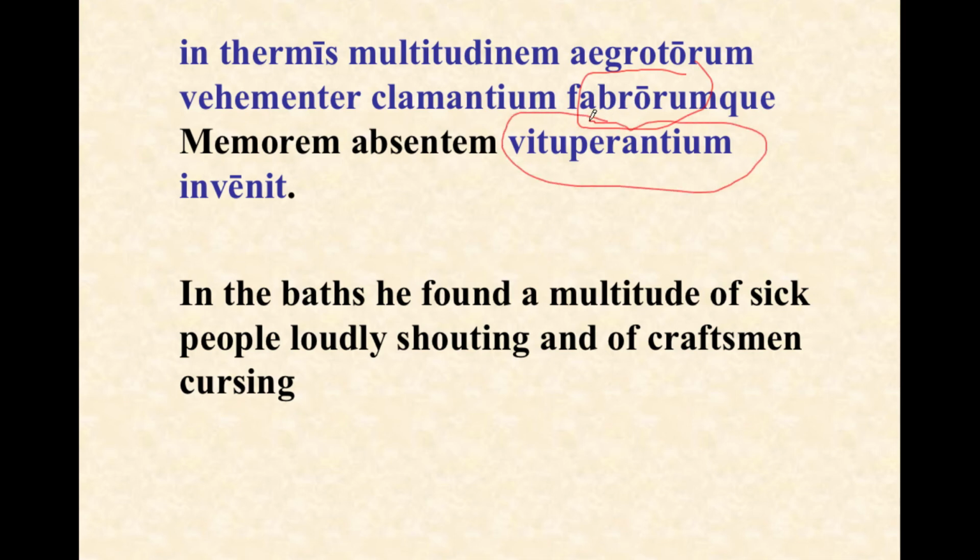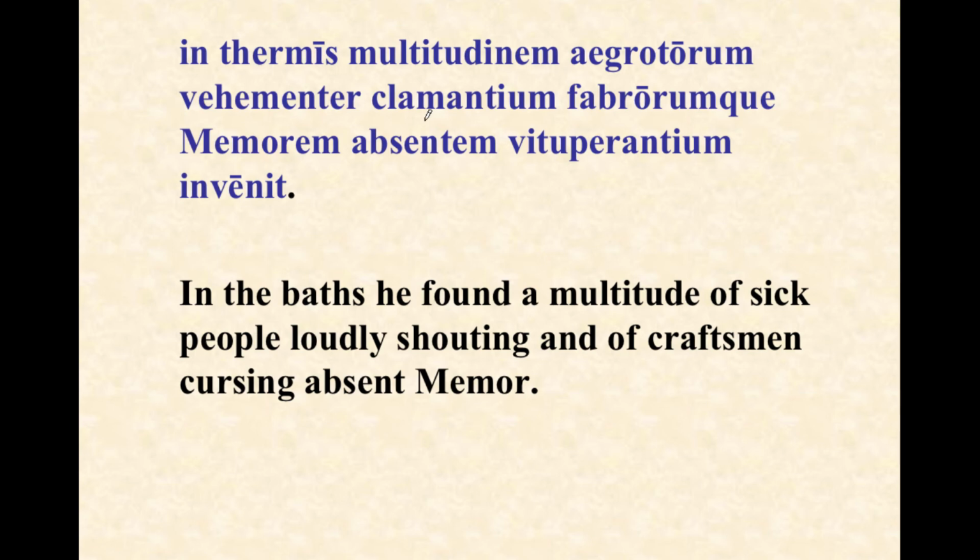When you have something like this, okay, you've got a noun being described by a present active participle, and the present active participle itself has an object, it's actually normal to put the direct object of the present active participle between the noun and the participle. Okay, so of craftsmen cursing, and who were they cursing? Memorem absentem. Okay, they were cursing absent Memor.